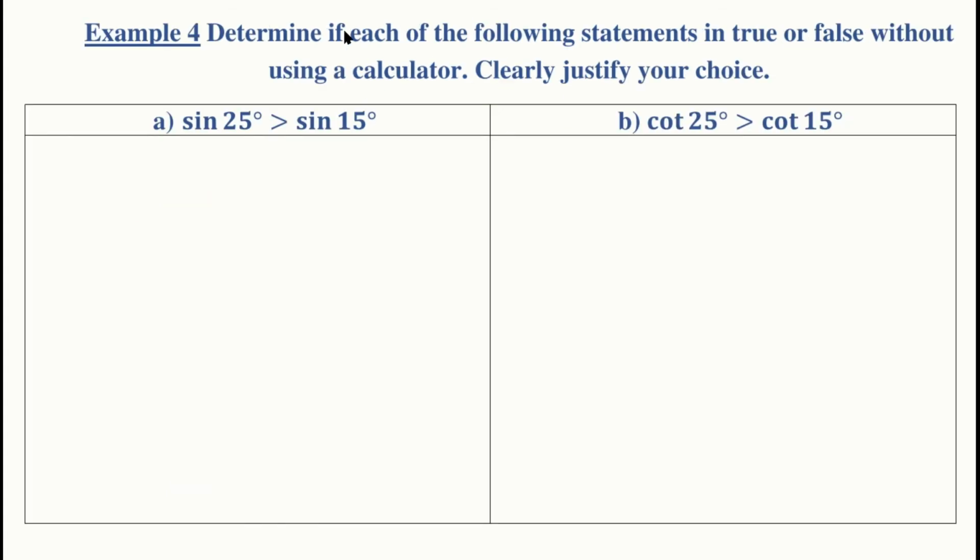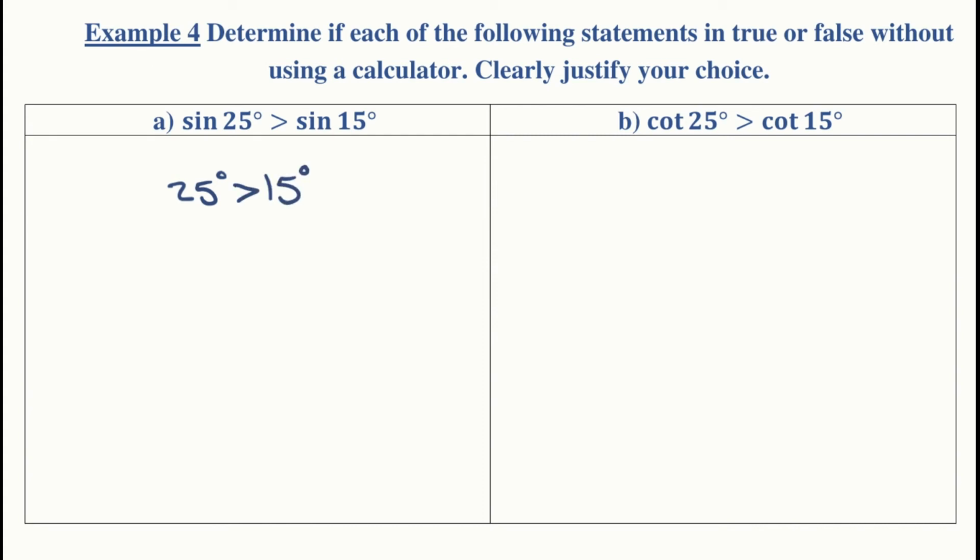So let's test our understanding of what we just learned. We want to determine if each of the following is true or false without using a calculator, right? So clearly justify your choice. So here we notice that 25 degrees is larger than 15 degrees.